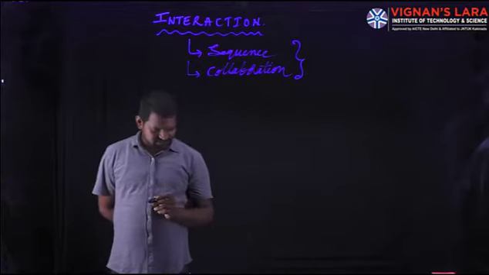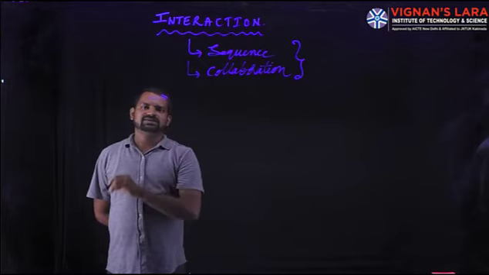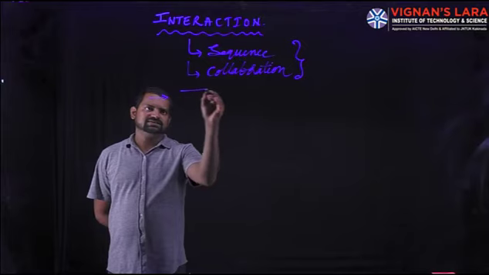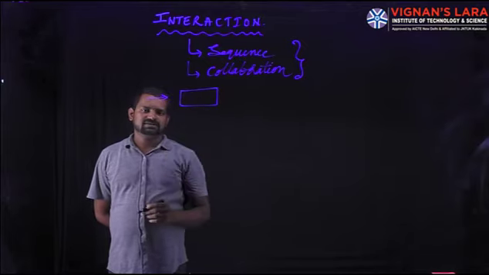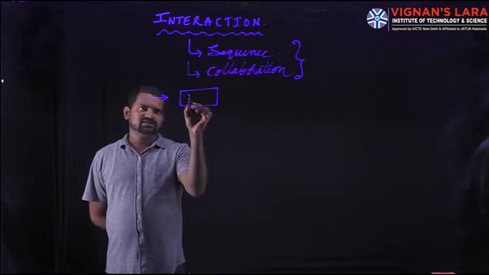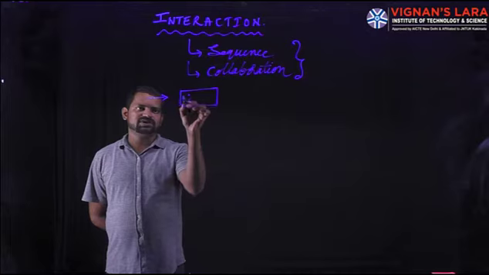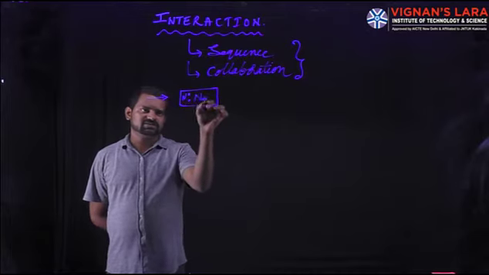The first symbol is the object. An object is represented by this shape with the object name.